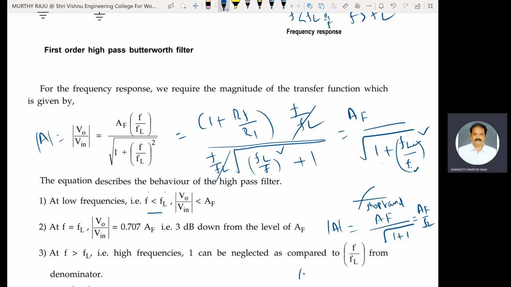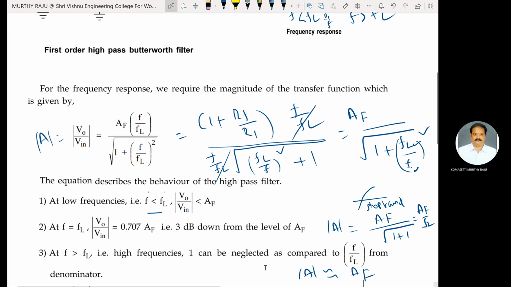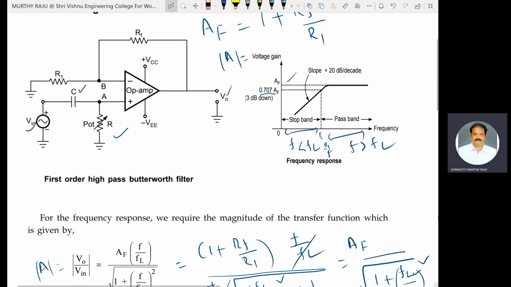In that region, mod A is approximately equal to AF when F is greater than FL. At F equal to FL, voltage gain mod A is equal to AF by root 2. At F less than FL, the gain increases at the rate of 20 dB per decade. Slope is plus 20 dB per decade.